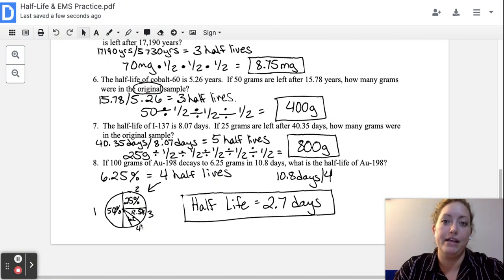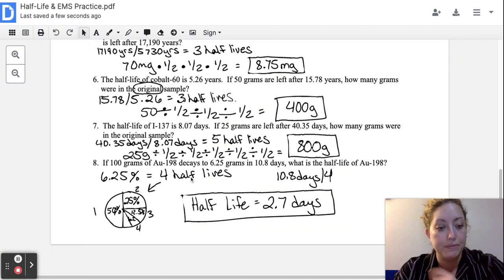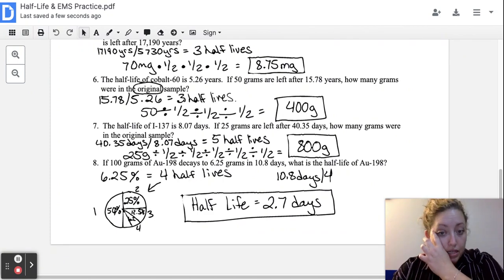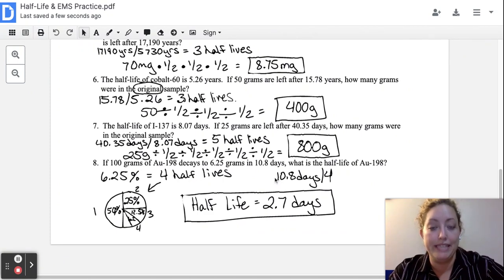And then 4 half-lives have passed to give you 6.25%. So at 6.25% remaining, you have 4 half-lives that have passed. If 4 half-lives have passed in 10.8 days, you'll just take 10.8 divided by 4. It tells you that each half-life for this substance is going to be 2.7 days.